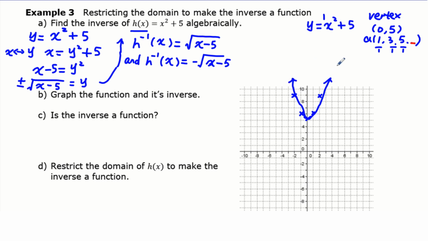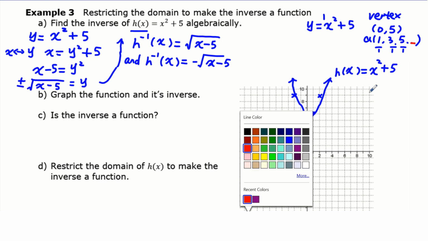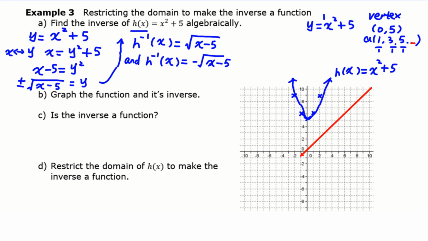So h of x equals x squared plus 5. Then we would like to graph y equals x, because with that graph, it's easier for us to graph its inverse. Okay, so this is y equals x. Then we graph the inverse function. The inverse function just switches the x and y.